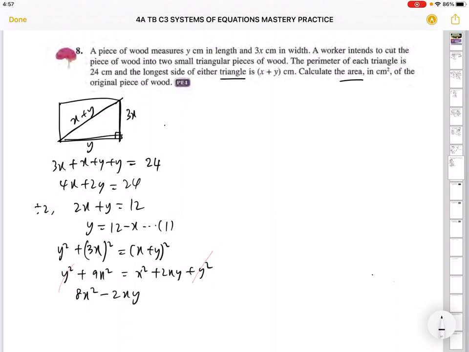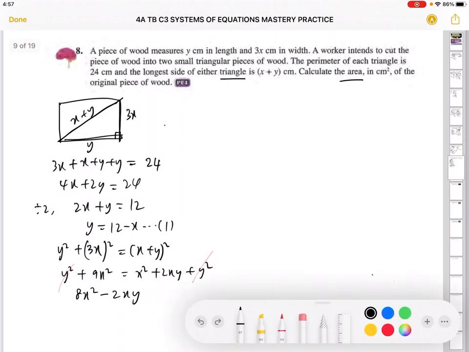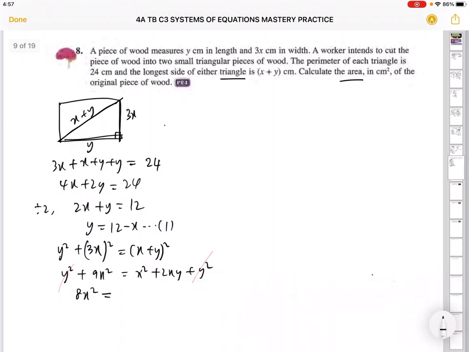I'll just leave this as 8x squared equals 2xy. So y times x equals 4x squared. In fact you can actually cancel the x. I know one of the answers, x, has to be 0.